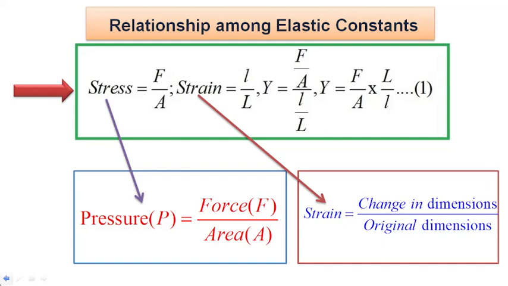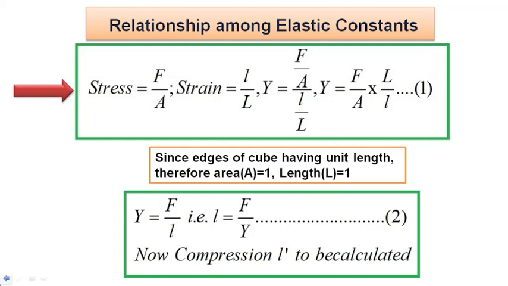And strain is the ratio of change in dimension to the original dimension. Specifically in this case, strain is equal to small l divided by capital L, since that change is longitudinal, that is the change in length. That is why strain is equal to change in length per unit original length.